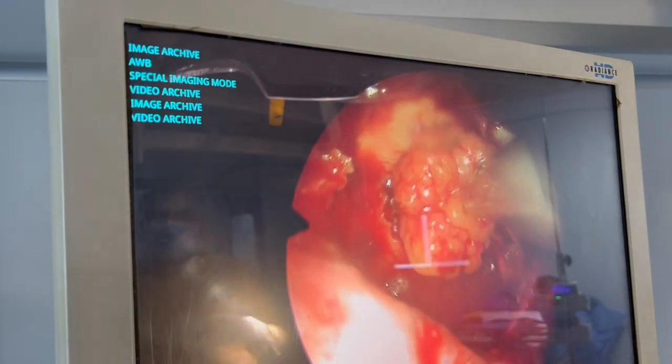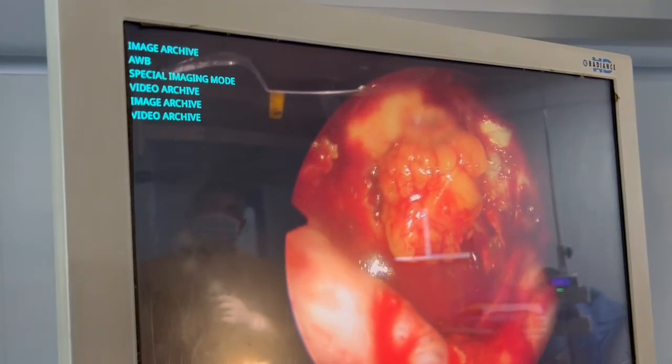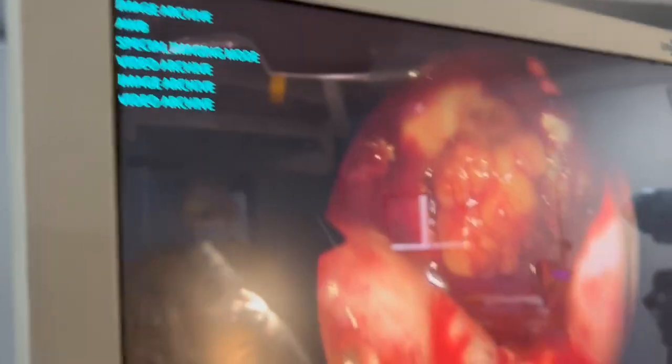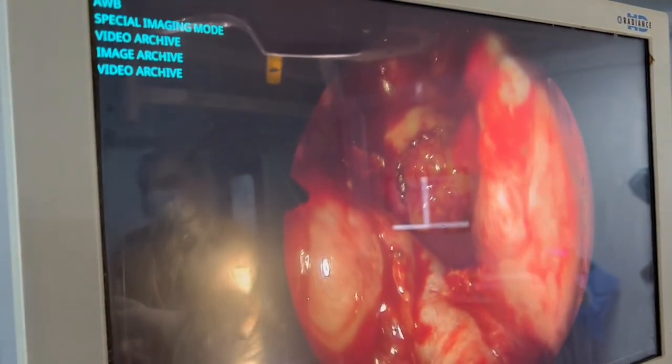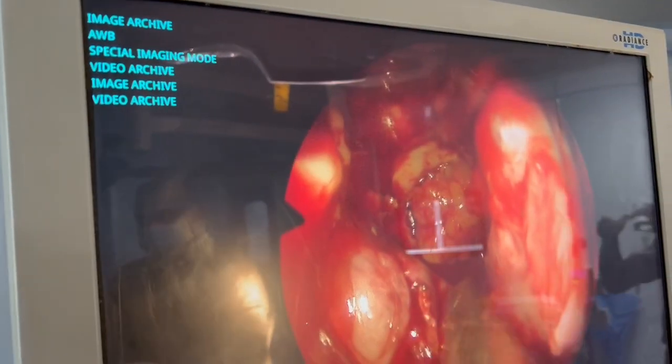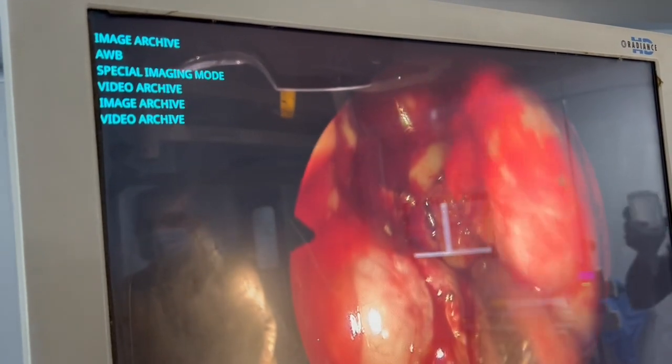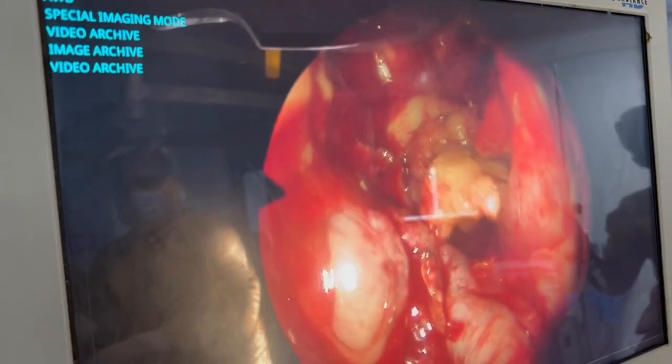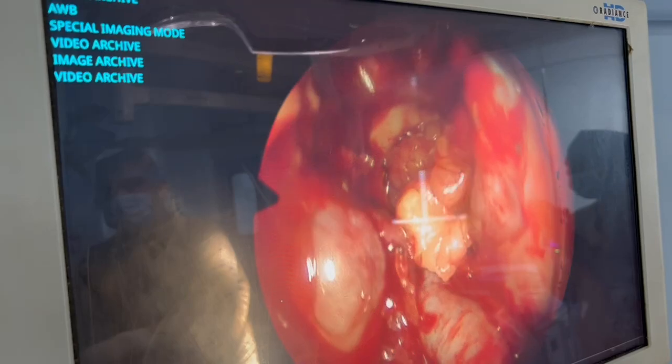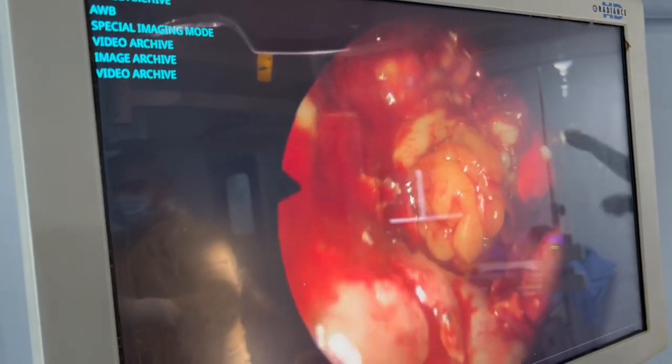We are using fat, glue, and this nasoseptal Hadad flap for the reconstruction. After applying the fat, we will apply the nasoseptal flap, then Surgicel, this Floseal, then Merocel packing.